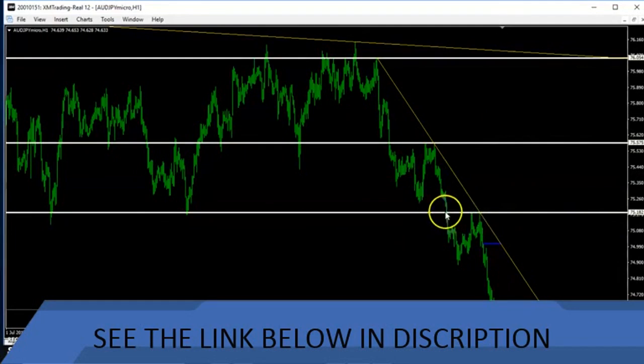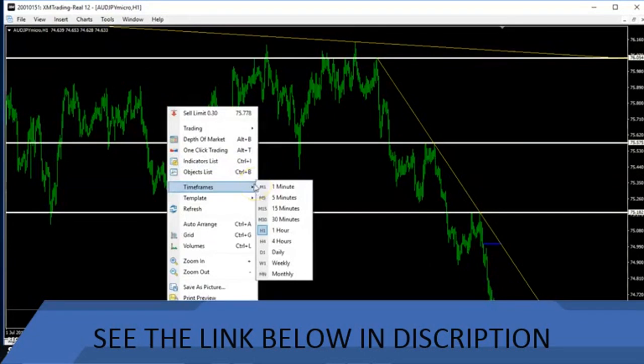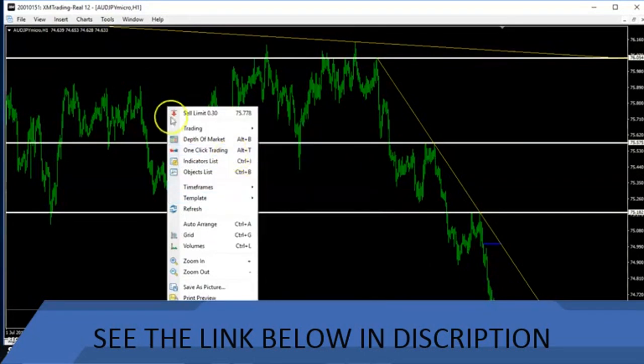Now this happens to be another line, following the same principle, that price will break this line and retest. Okay, price broke this line, retested, and we know price will do a 100 pips move down.